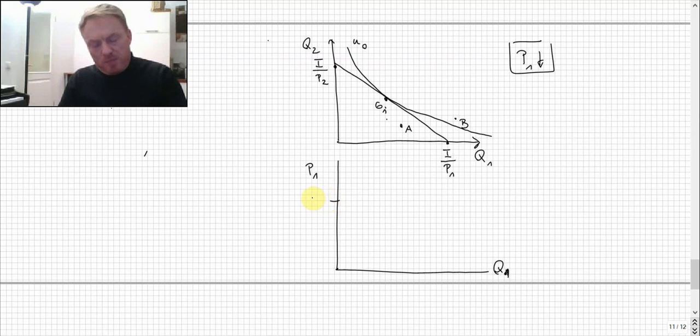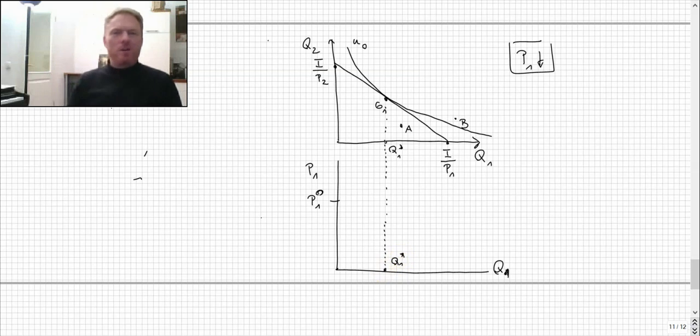So this is the first situation. The quantity is this. That's the optimal quantity, optimal for the two goods, of course, but especially with regard to the first good, Q1 star, because a star always denotes the optimal situations.